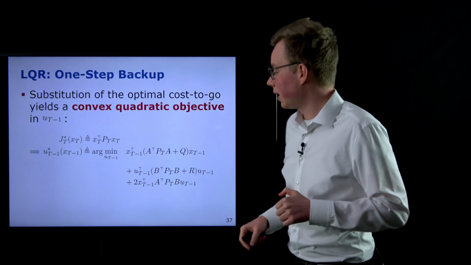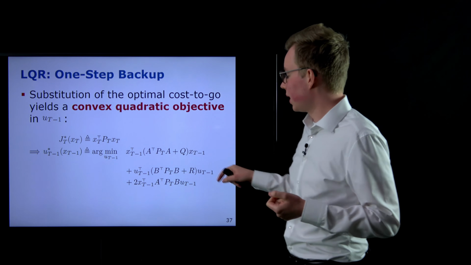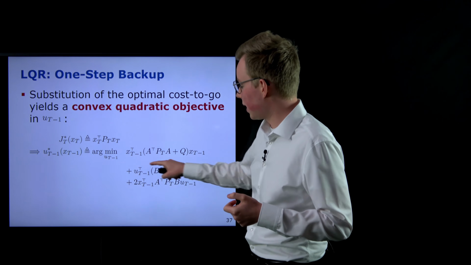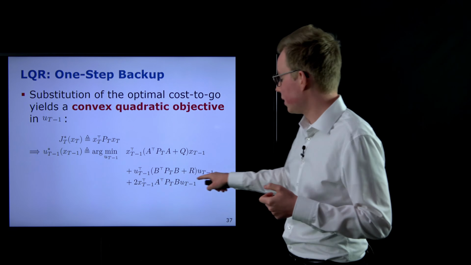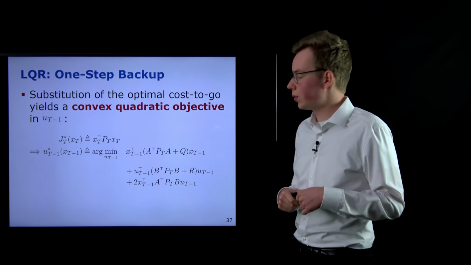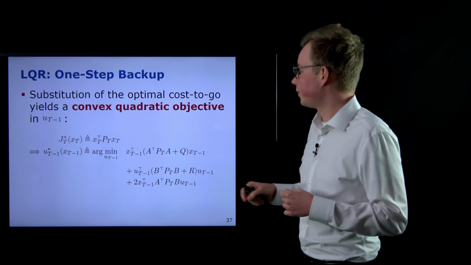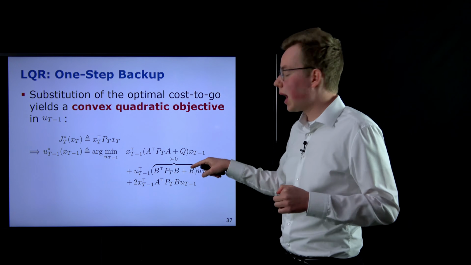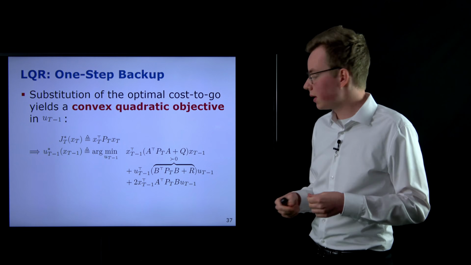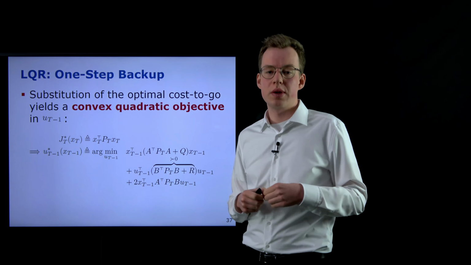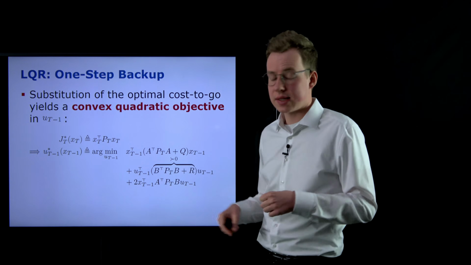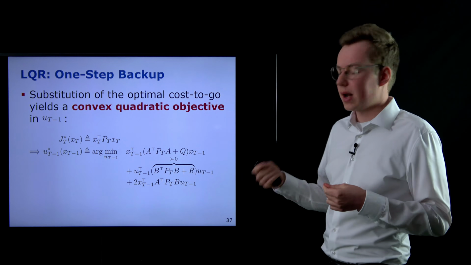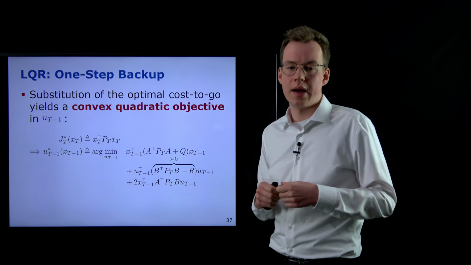From the perspective of optimizing over u, where the solution is a function of x, x is a constant, and so this is just a constant. This is a linear term down here, and the highest term that shows up is a quadratic in u. We can convince ourselves that because r was assumed to be positive definite and q was assumed to be positive semi-definite, and p at the final time is exactly q, positive semi-definite plus positive definite remains positive definite.